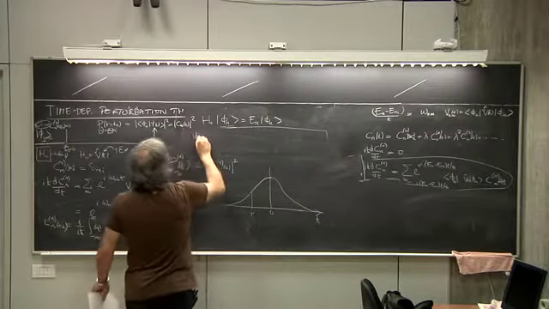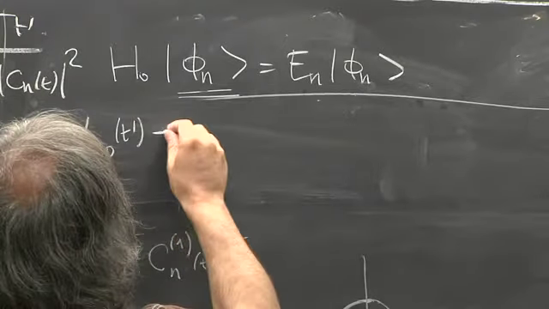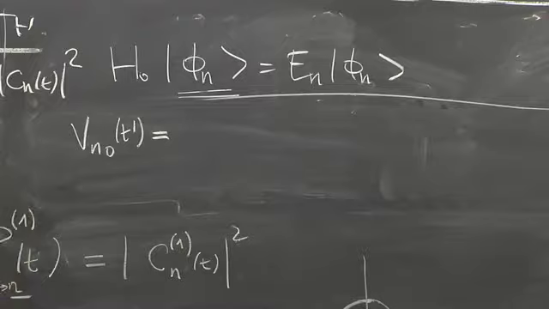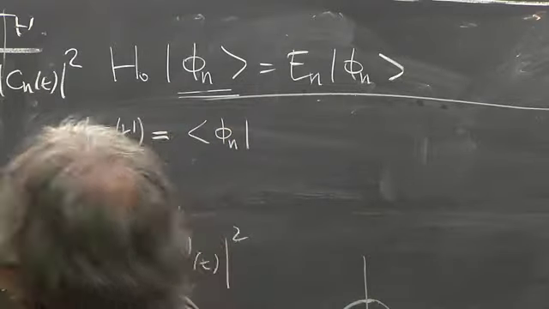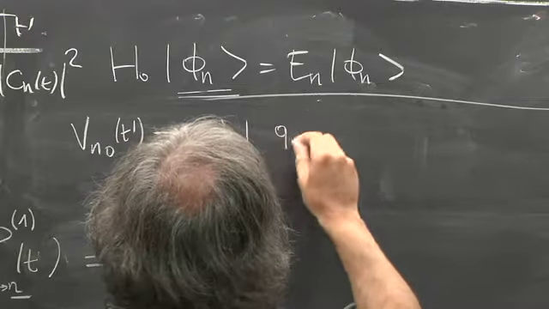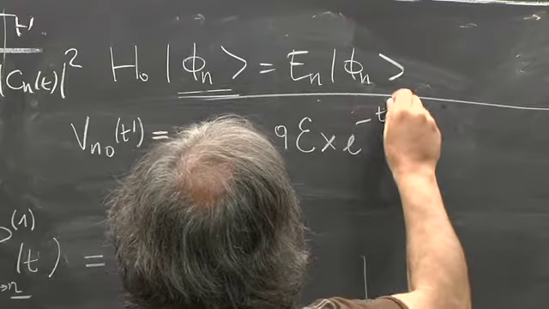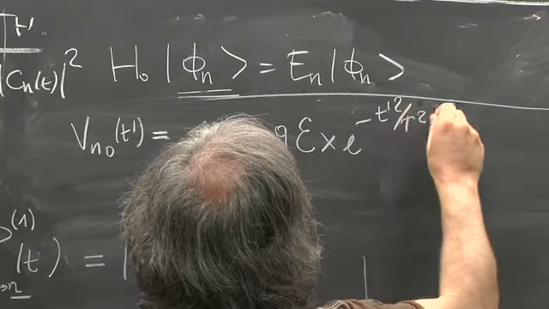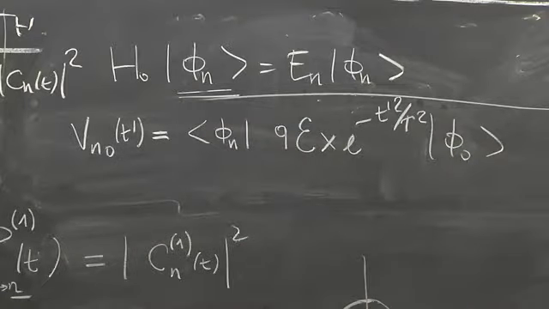V_n0(t prime) is this object calculated between the state phi n and the state phi 0, the initial one. So I have to calculate this between these two states, okay?